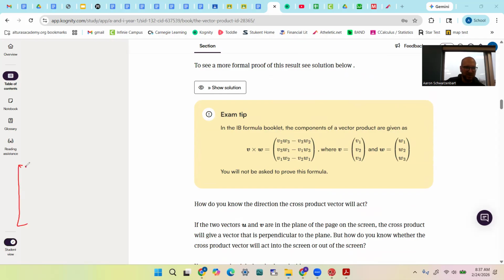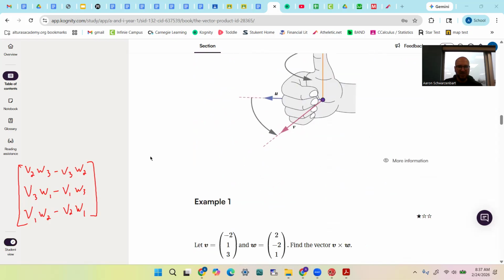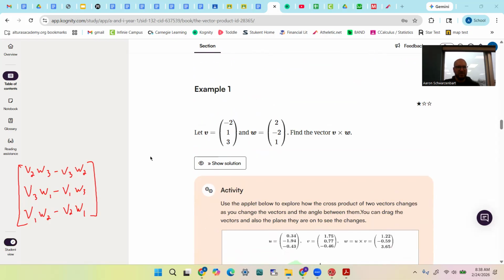And we know that this is V cross W. So I look at my two vectors. In my specific case, I'm gonna go above them.